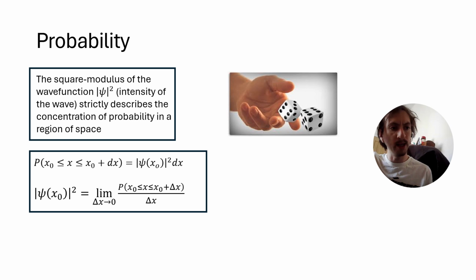Now, it's worth saying that this interpretation of the wave function actually only arose after Schrödinger's equation was formed. However, in terms of understanding Schrödinger's equation, it's actually easier to start with this, and then we'll build to Schrödinger's equation.